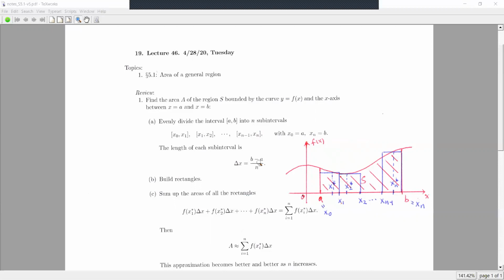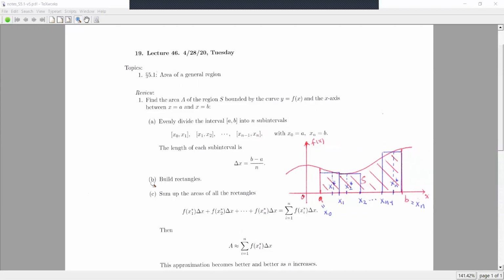From A to B, the length is B minus A. Now B minus A is cut into n parts, so each part has length B minus A divided by n. This is the length of each subinterval. Now we have n subintervals. Over each subinterval, build one rectangle.